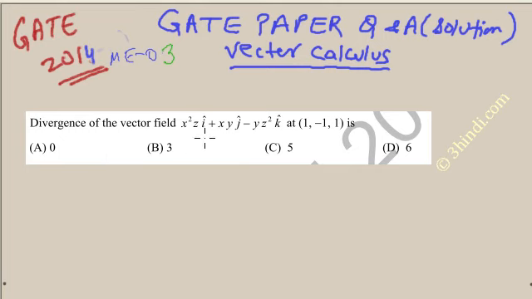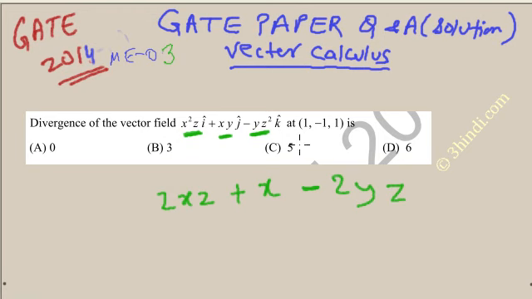Here, to find the divergence div of f, differentiate this with respect to x, differentiate this with respect to y, and differentiate it with respect to z, and add all this. If you differentiate with respect to x, you will get 2xz plus x minus 2yz.